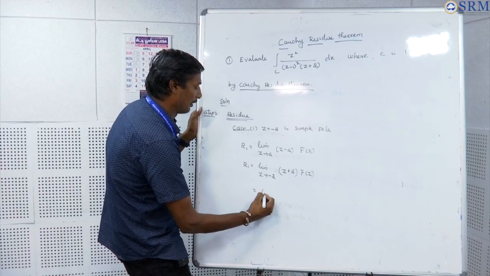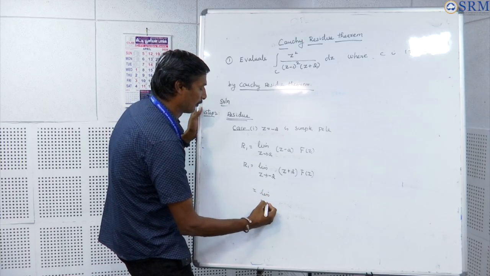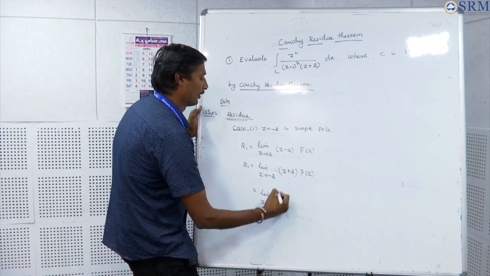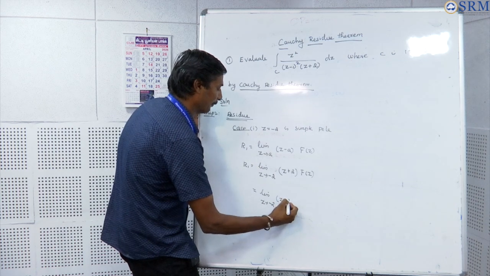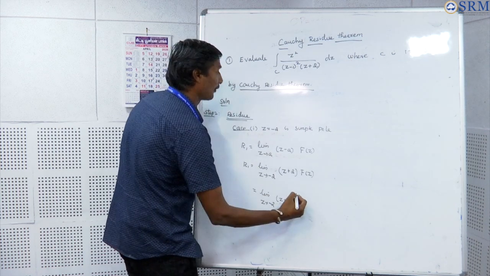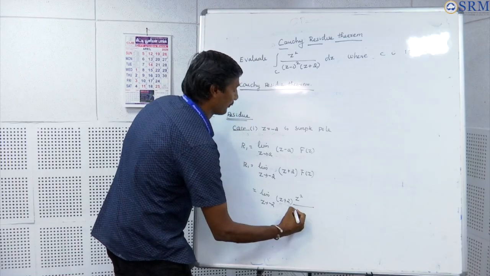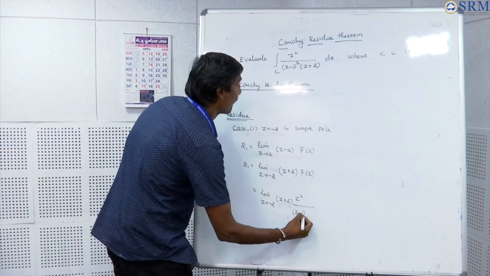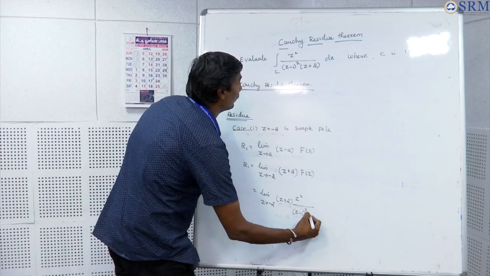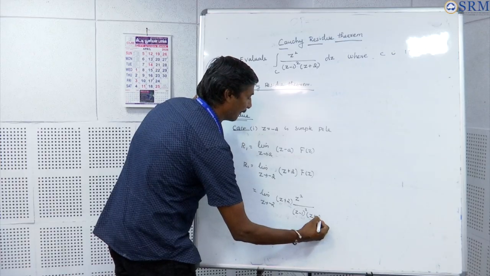Next, limit z tends to minus 2 of (z plus 2) into F of z. What is F of z in this question? It is z square upon (z minus 1) whole square into (z plus 2).